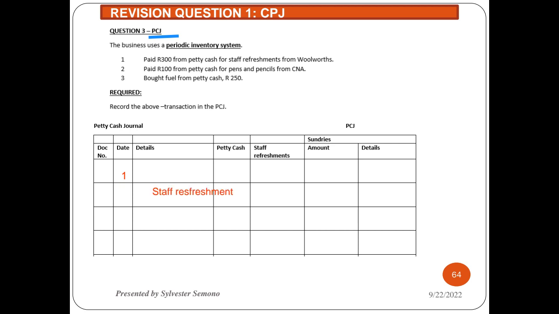Next time they will say you bought, for example, a cold drink, so you must be very specific. But here, because they just said staff refreshment, I'm allowed to just say staff refreshment. It's only under the petty cash journal where we must be very specific. But remember, it doesn't mean that I'm not going to record under that column. I'm still going to record under that column.